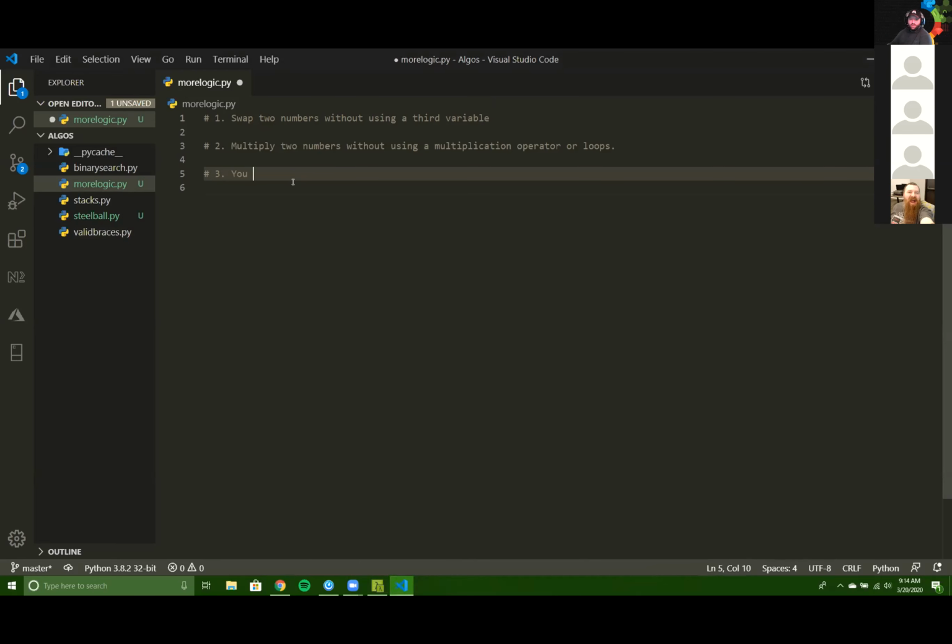Okay. You have somebody working for you for 7 days and you have a gold bar for paying him. You must give him 1/7 of the gold bar each day.